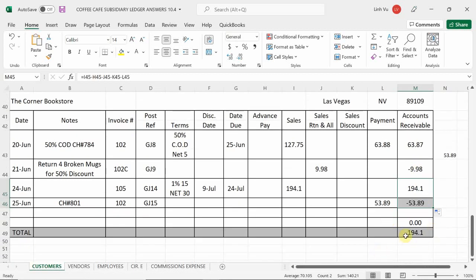See, now the corner bookstore owes us $194.10 for invoice number 105. Good.